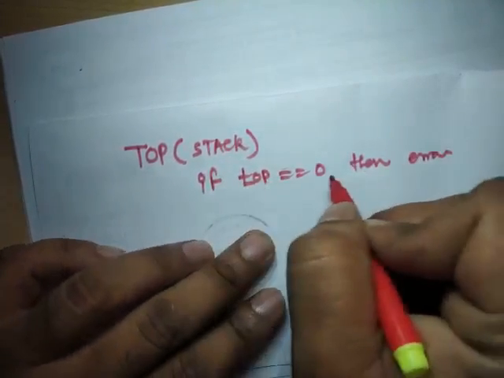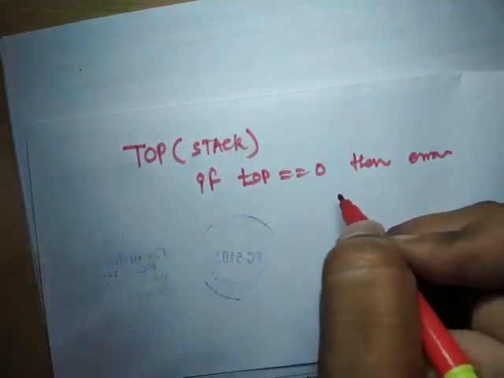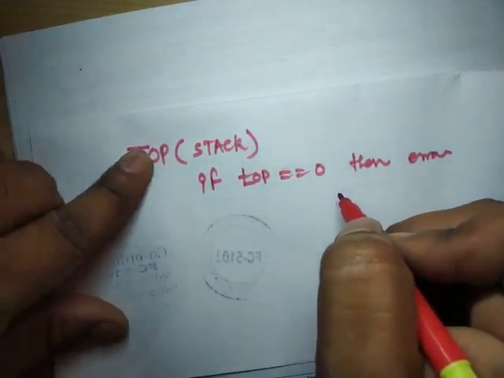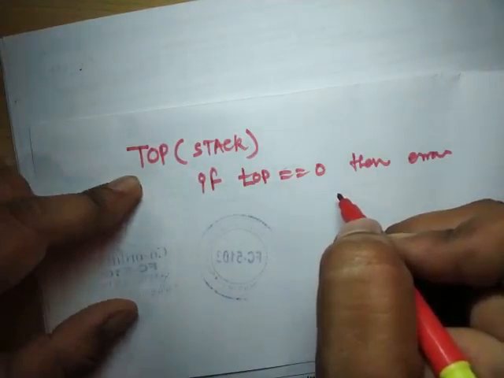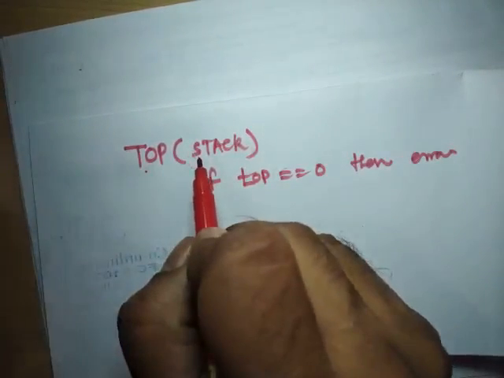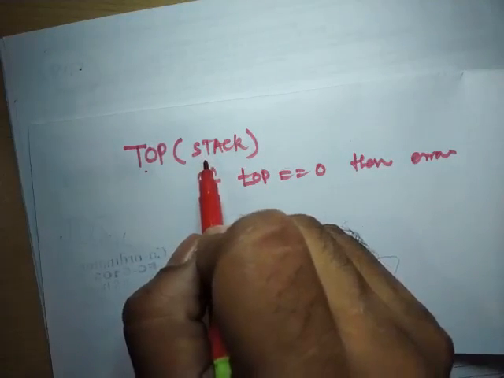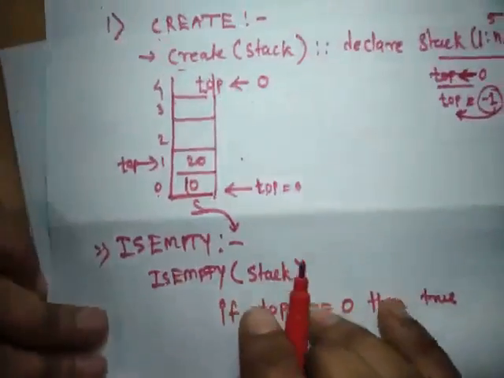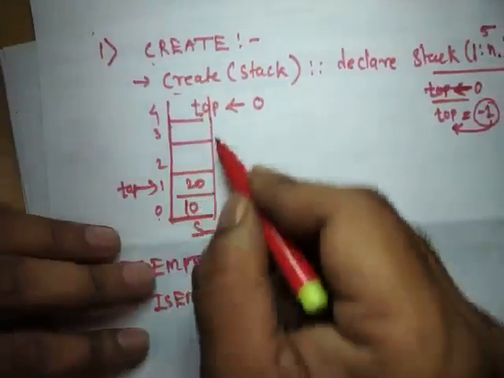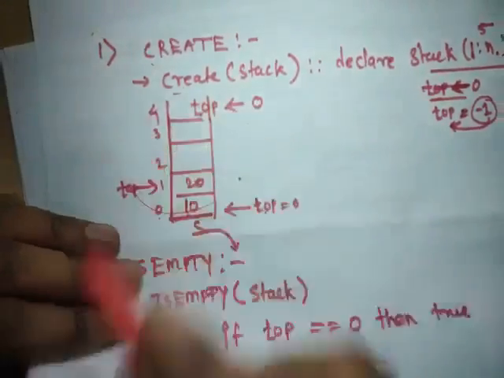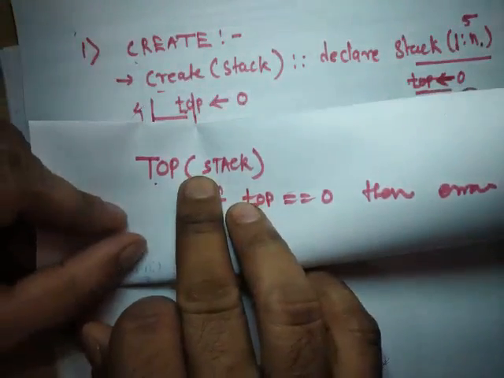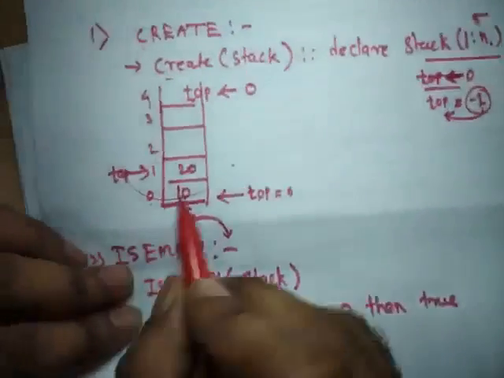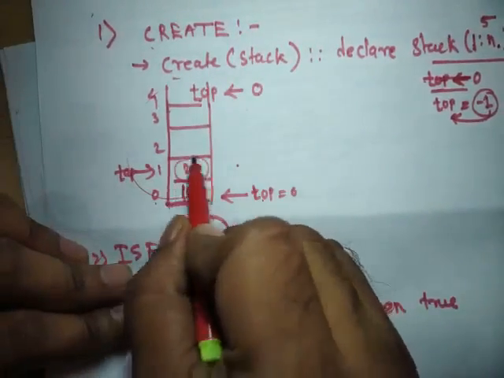Since top is pointing to 0, there is no element, so this function can't return an element. Basically the top function returns the topmost element of the stack. If you pass this stack as an input to this top function, it will return the topmost element. What is the topmost element here? That is 20.